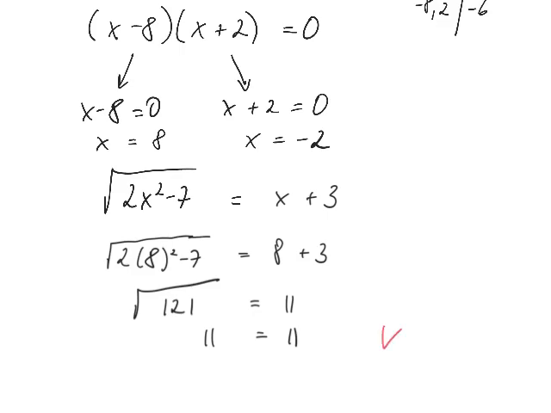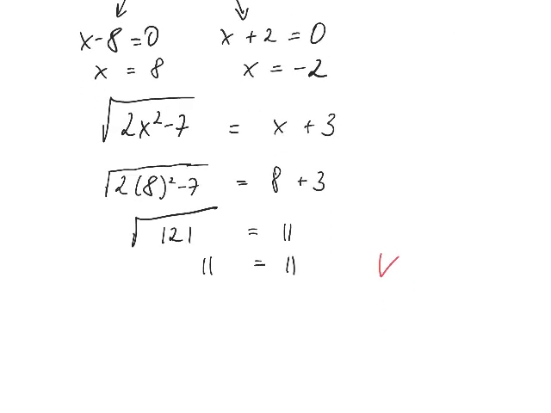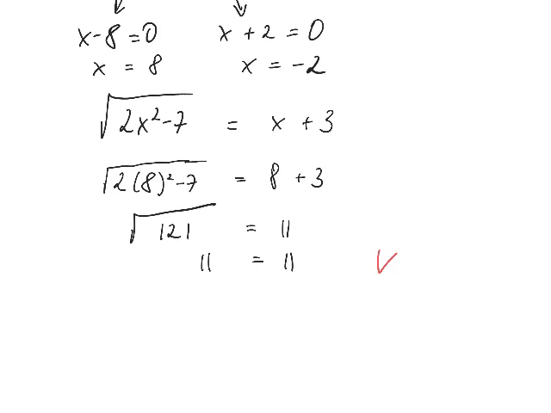Let's try the same thing with minus 2. So we have the root of 2 times minus 2 squared minus 7 equals minus 2 plus 3.